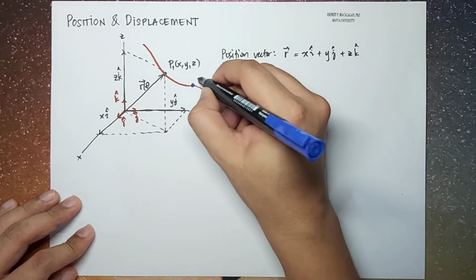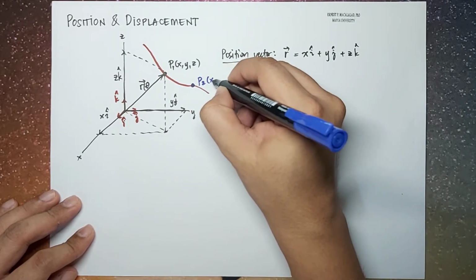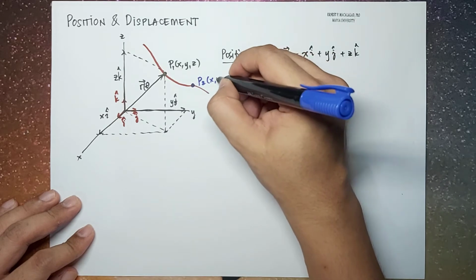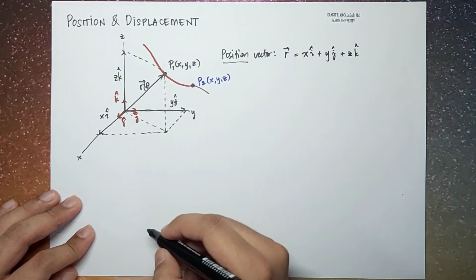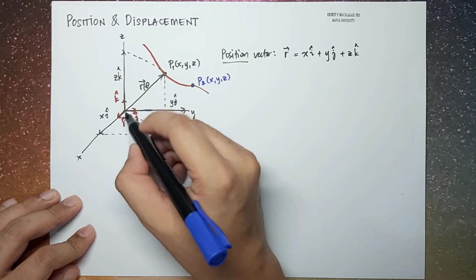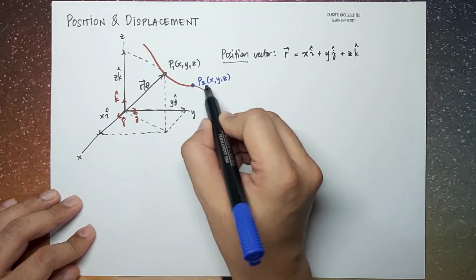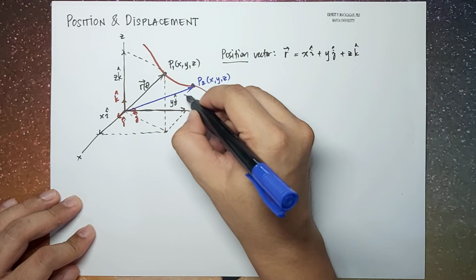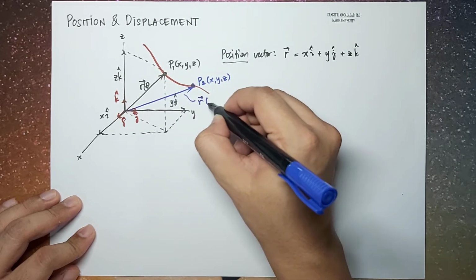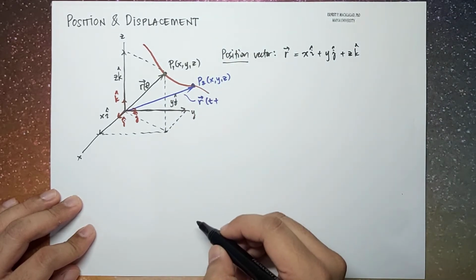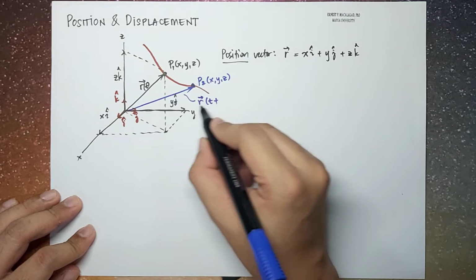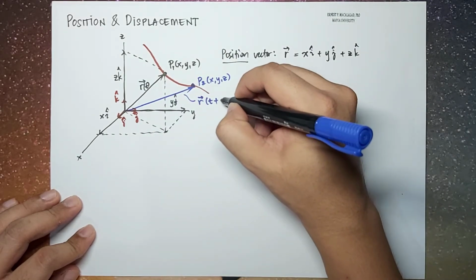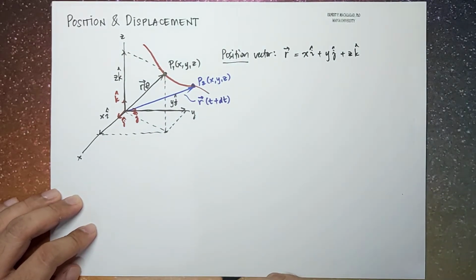Let's call this P2, given by a new set of x, y, and z. In this case, we can now define the position vector at this point. Let's call this r at time t plus some time interval dt.